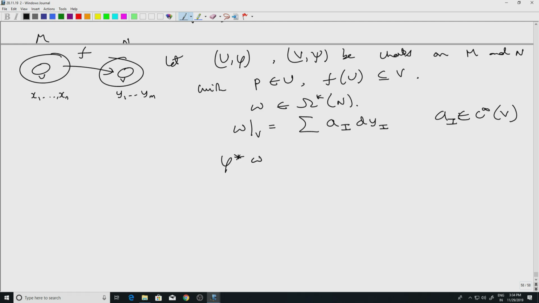F star omega. I'll drop the restricted notation. So F star omega would be F star of A_I dy_I, which is F star of A_I times dy_I.